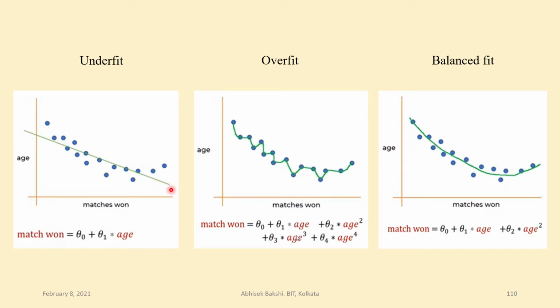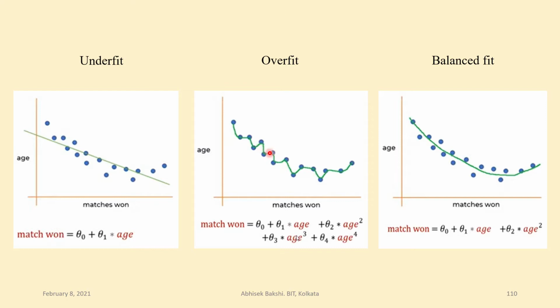But the problem is that this straight line doesn't reflect the exact curve that touches all the points, because the points in this set are a little bit nonlinear. That's why, if we use more free parameters, it can be something like this.